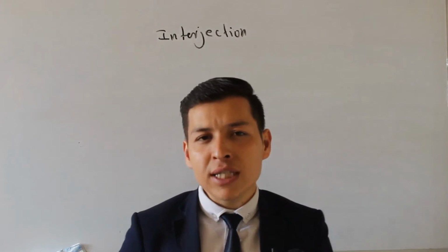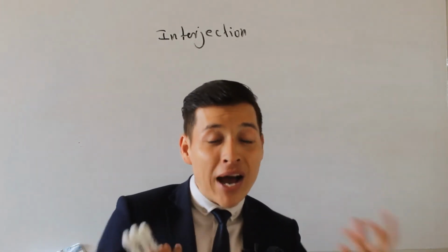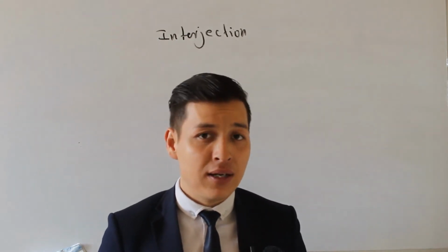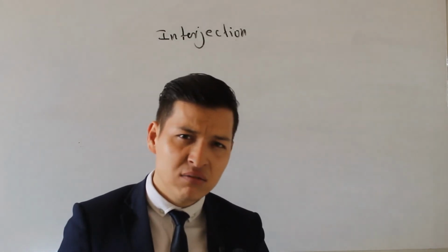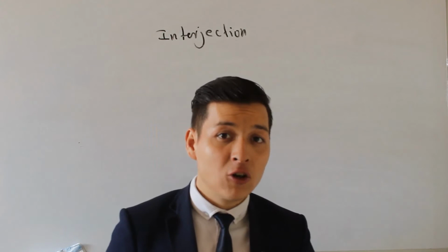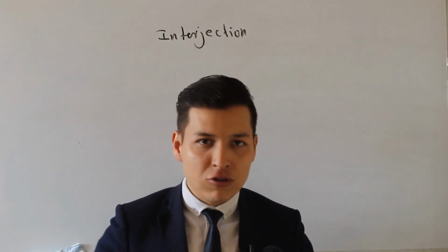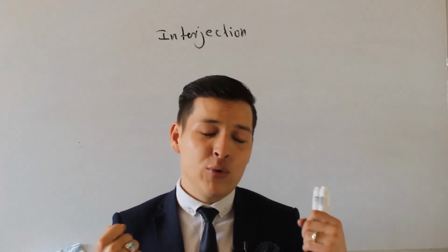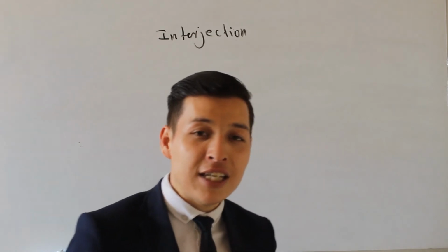Or you see a video and you like it a lot and you say, wow. This wow is exactly an interjection. Or you see a very sad event and you may say, oh, I'm sorry to hear that. Or you express your happiness when your favorite team wins, and you say, hurrah, my team won.